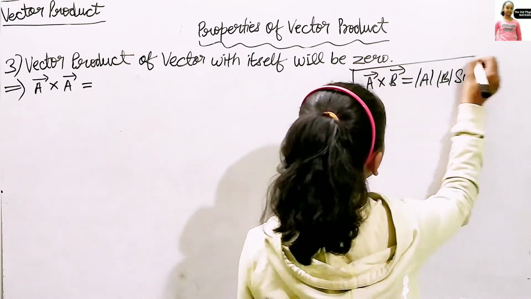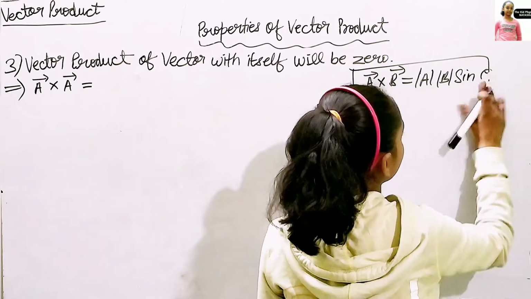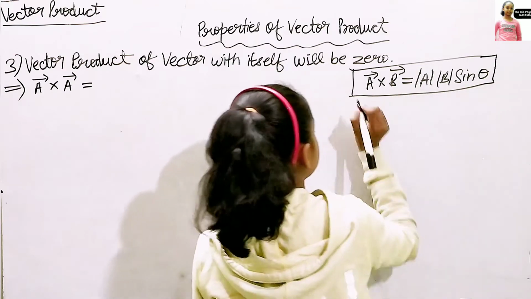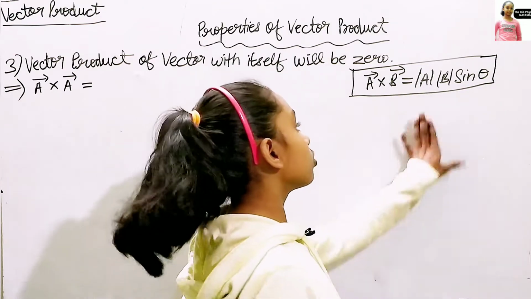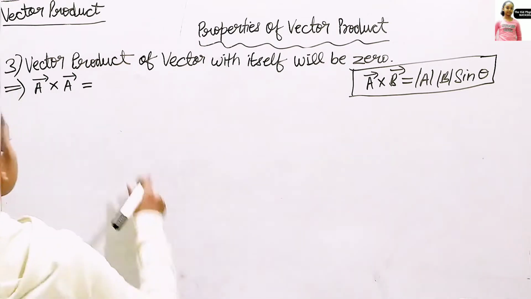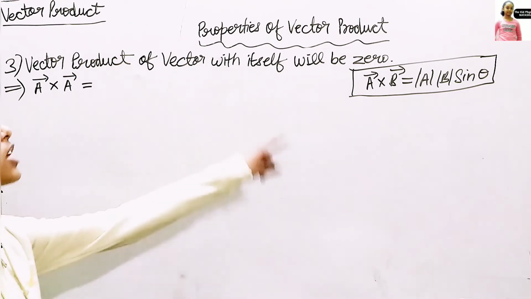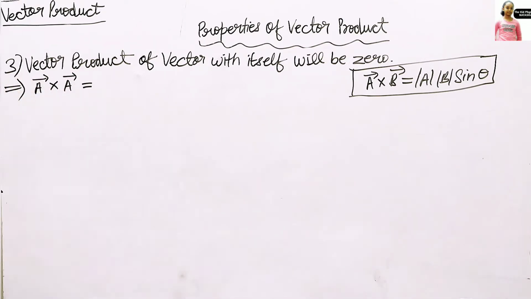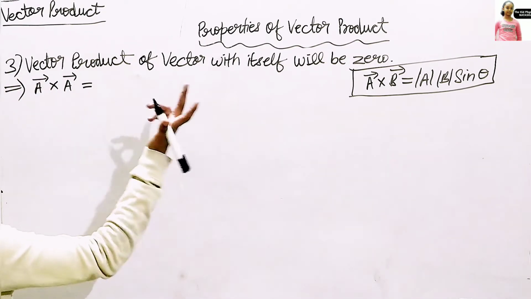I hope you all know the formula because I have written it many times. So let's get back. A cross B is equal to mod A mod B sine theta. So for A cross A, what will the formula be?